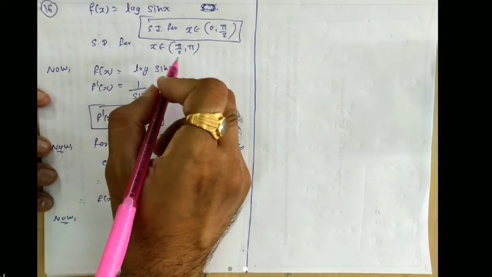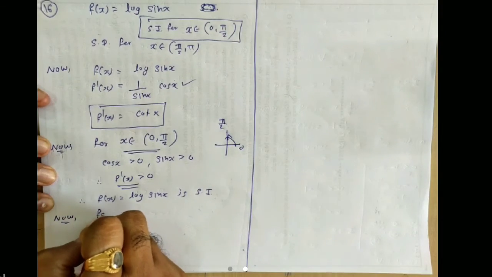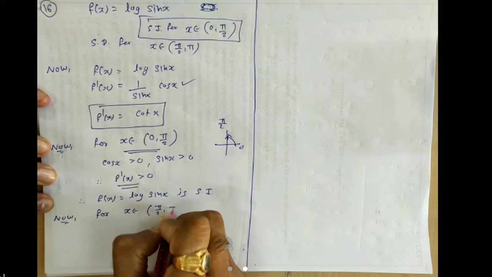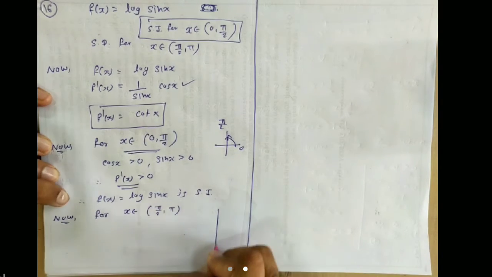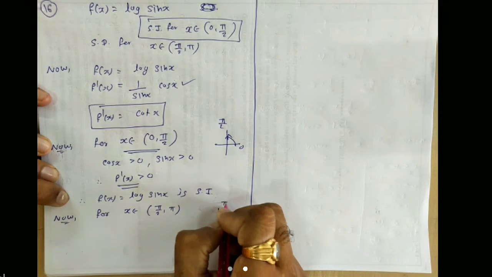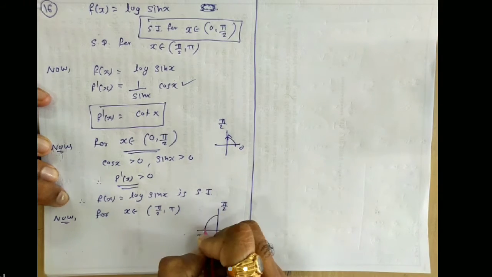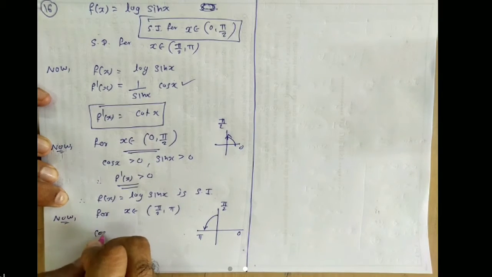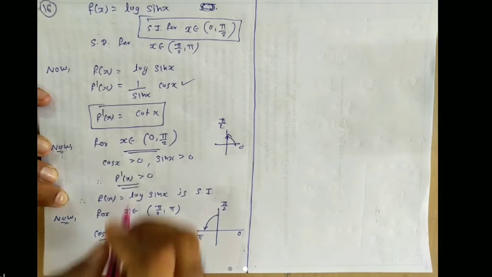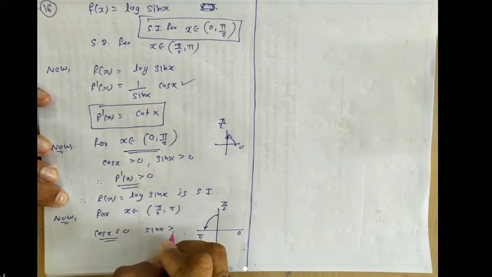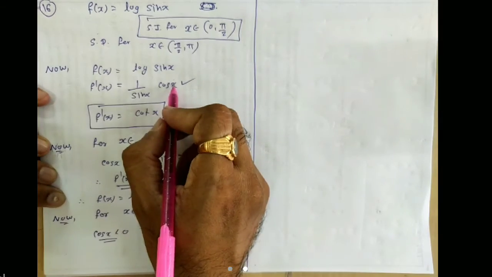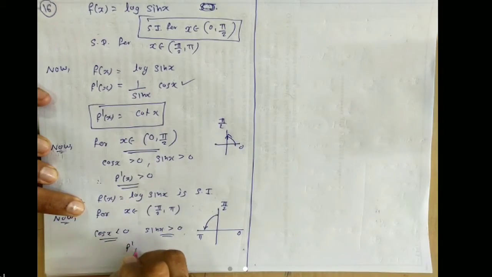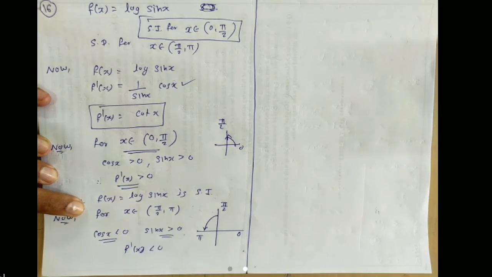Second part, for x belongs to pi by 2 to pi. So this is 0, this is pi by 2 and this is pi. So pi by 2 to pi is the second quadrant. For the second quadrant, the sign of cos x will be less than 0, it is negative, and sin x will be positive, so overall f dash x will be negative, less than 0.